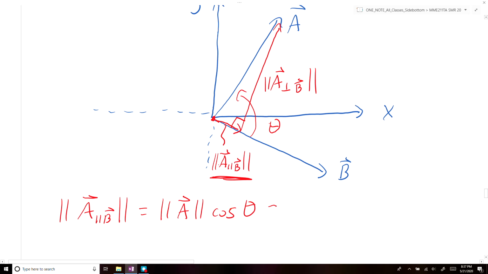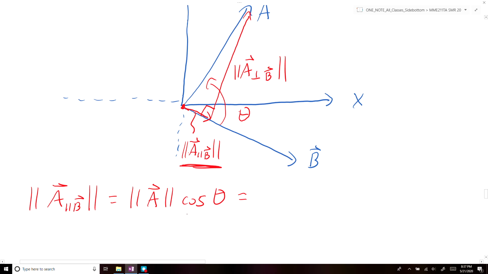You can also calculate it if you don't know the angle between them but you do know vector B: you can calculate the unit vector of vector B. If you take the dot product of vector A with the unit vector of vector B, you can also determine the magnitude along the parallel direction.